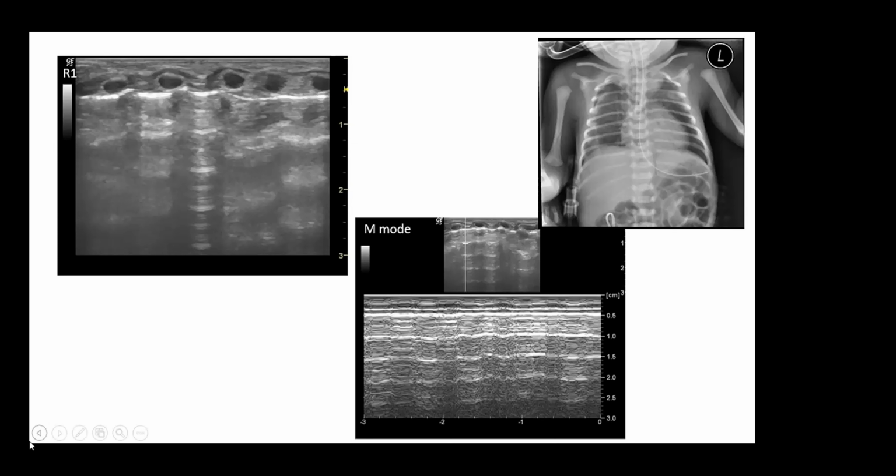This is what I would say to all the participants at this particular point: while you're learning lung ultrasound, don't hesitate to use the chest X-ray as your gold standard. When I started learning lung ultrasound, I would look at the pathology on the chest X-ray and think about what I would see on lung ultrasound.